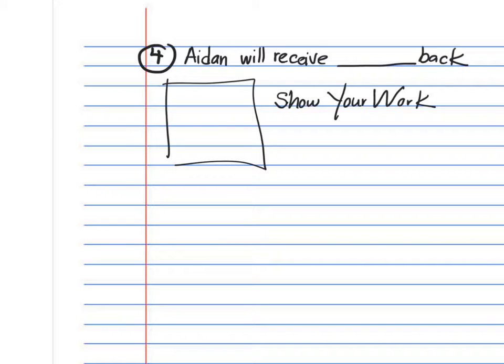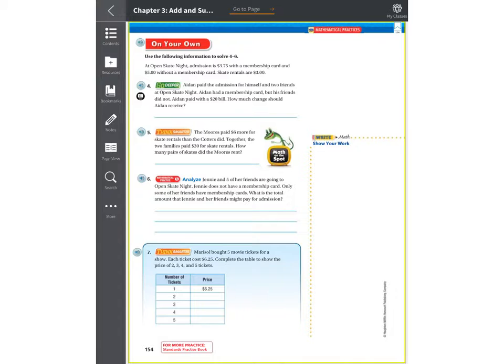We're going to go to the next page we're going to be working on, page 154, and we are going to be doing number 4. So this is the problem we're going to be doing on here.